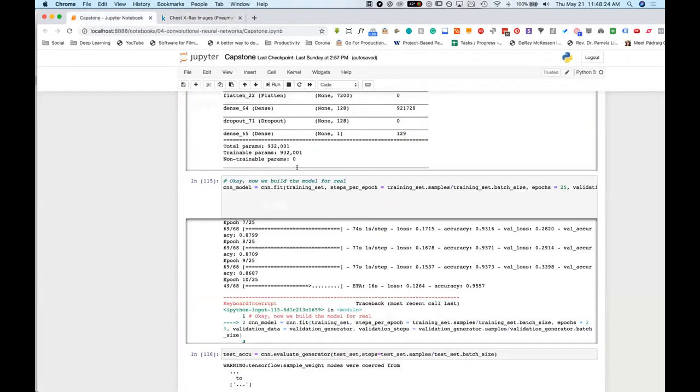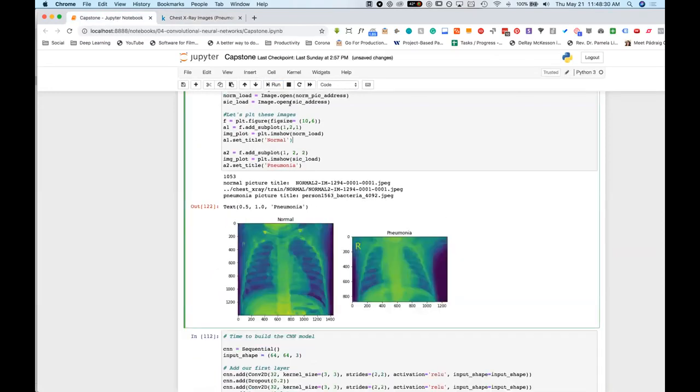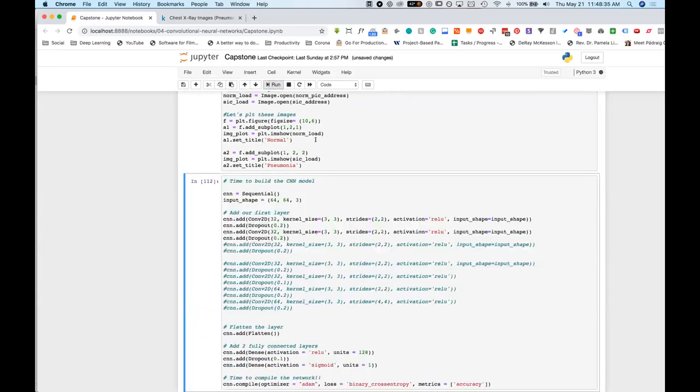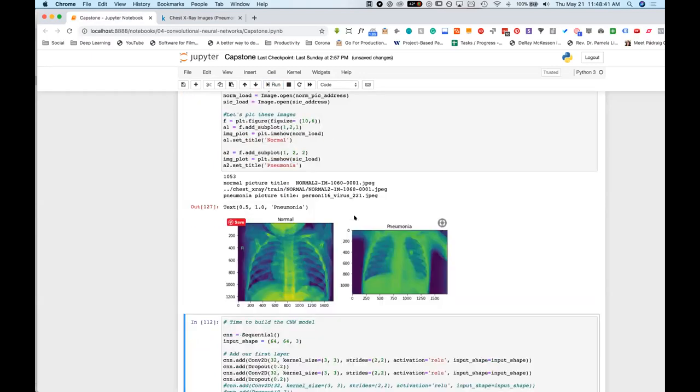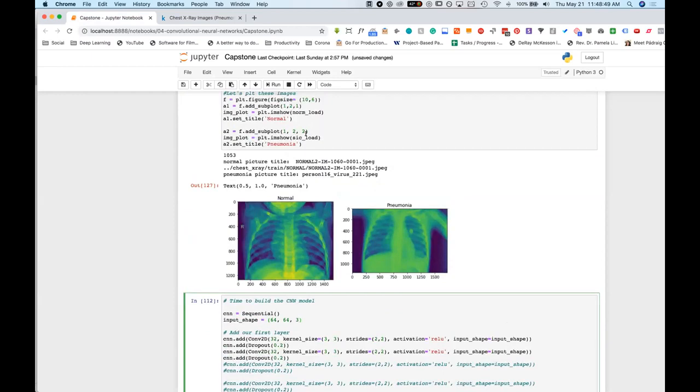Another interesting thing I noticed was that some of the images, maybe if I generate new ones here, some of the images are colored and others are black and white scans. We're passing it in as three-depth images, so as color, but I'm wondering if that might have an effect, because I don't know if the distribution of color versus black and white images is the same within, say, the normal set and the pneumonia set.